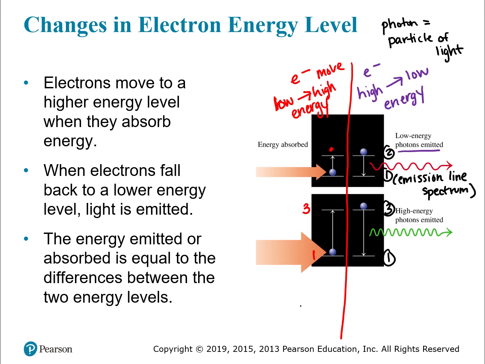Let's say that I had 1,000 electrons at that level, and they all drop down to level 4. That means that I'm going to emit 1,000 photons.